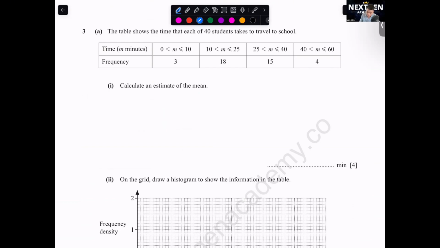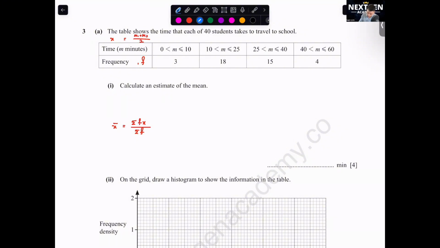Okay, first thing, we need to know what the formula is, which is sum of fx over sum of f. Okay, we've got f here already. X will be the midpoint for all of these. Let's say you've got m1 and m2, so m1 plus m2 divided by 2.